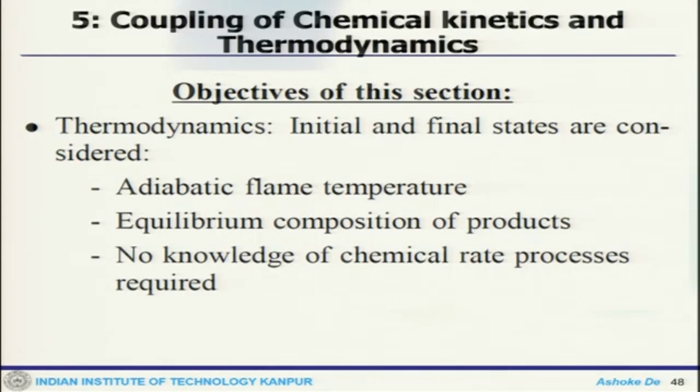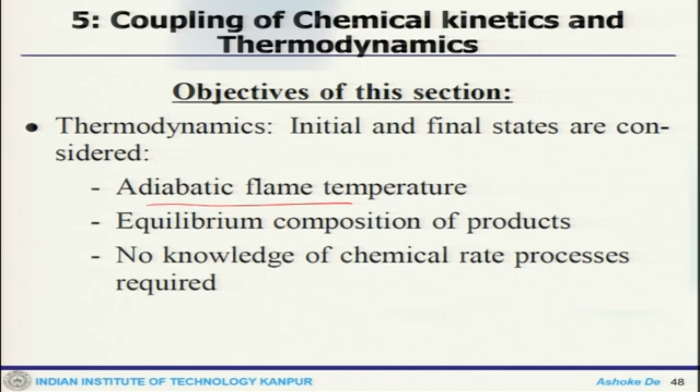So, the idea of this is that we will now talk about some of the fundamental properties here, like adiabatic flame temperature. We talked about it, but we never saw how we evaluate the adiabatic flame temperature.